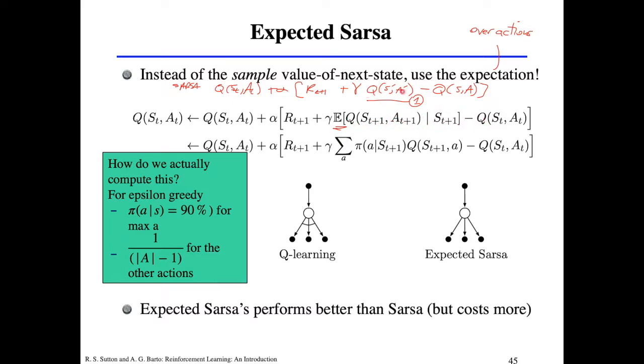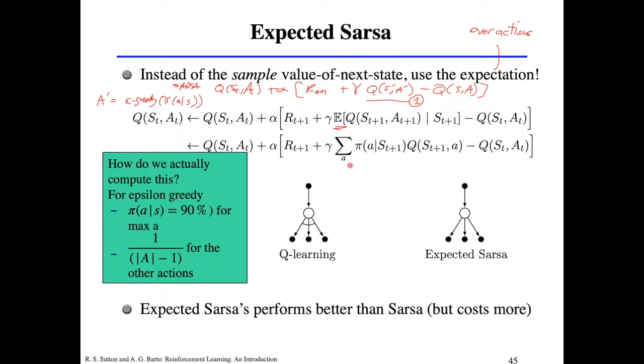We're doing a single hypothetical situation here where I pick some next action sampled from my policy, but in SARSA, that A is sampled from your epsilon greedy policy, and your policy is pi. So now instead of doing that, we'll say, well, let's do all the actions.